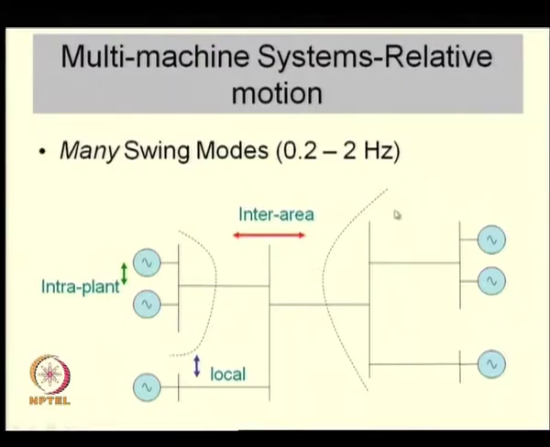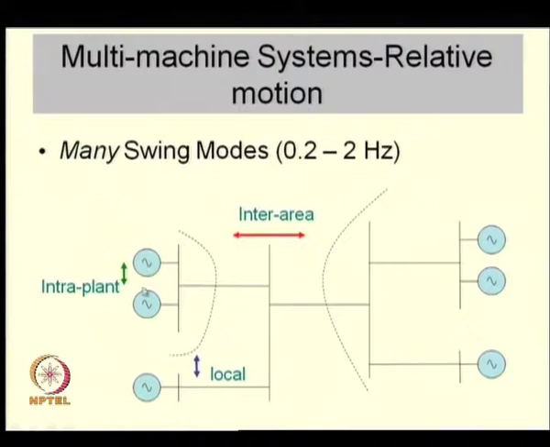This is not a large multi machine system, but just to illustrate, in a large multi machine system you can have oscillations between the machines within a plant, or between a machine and the machines nearby in the same area. So, in an intra-plant mode, only the machines within a plant participate and they swing against each other.